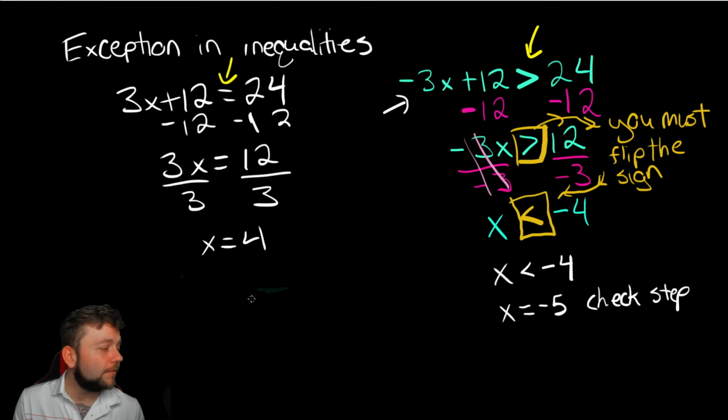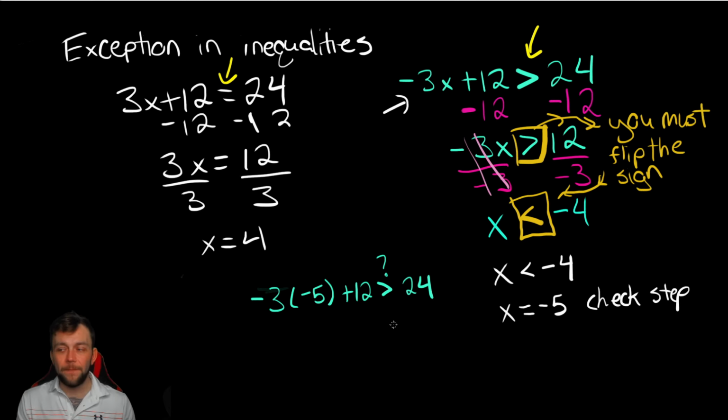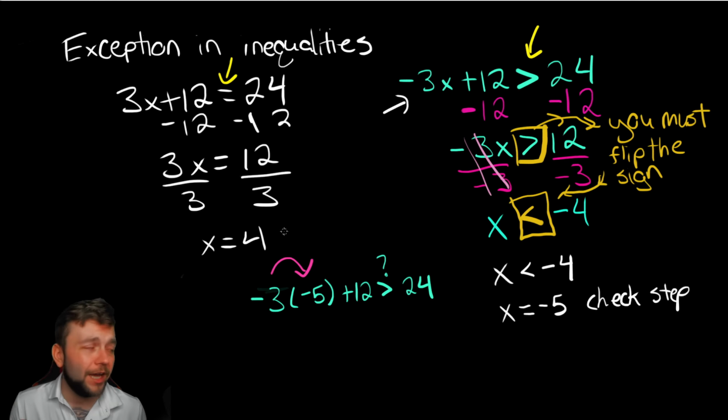So negative 3 times negative 5, plus 12. And is this greater than 24?